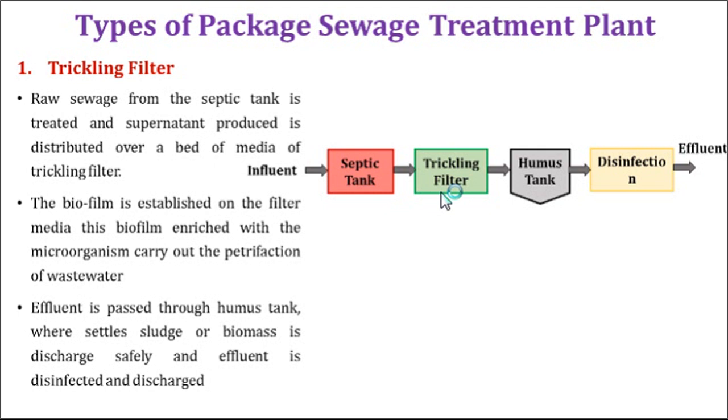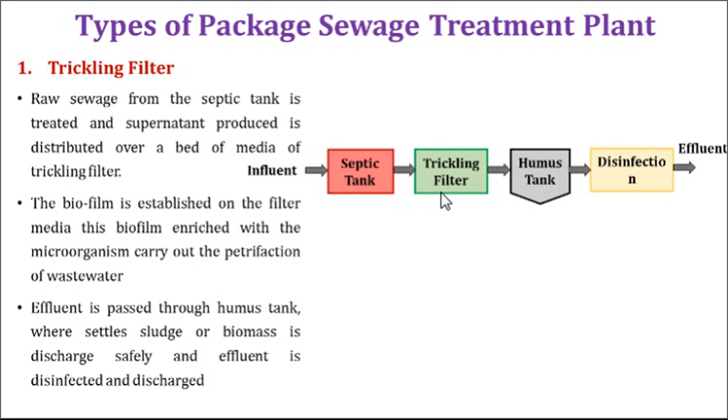A biofilm is established on the filter media. This biofilm, enriched with microorganisms, carries out the putrefaction of wastewater. That means the microorganisms attached to the filter media are decomposing the organic matter present in the wastewater.